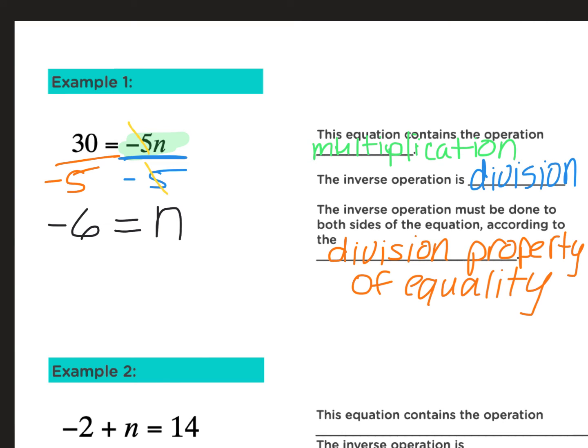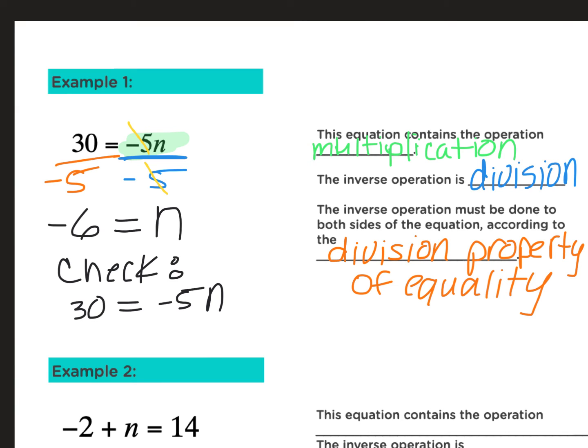And then to Coach's point, you can actually go back and check your answer. And that's what I'm going to do now. There is literally no reason on the planet for you to have a wrong answer for an equation question, because you can go back and make sure that you did it correctly.